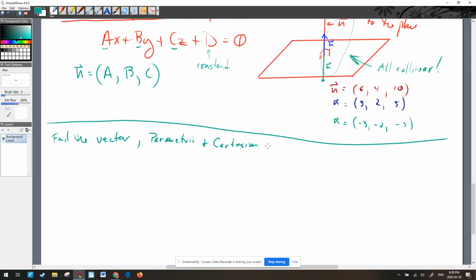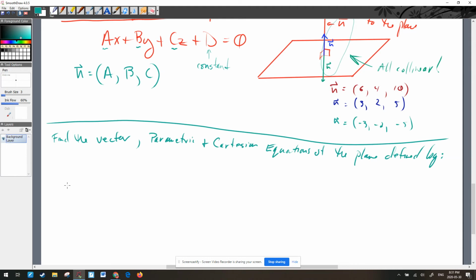So the vector, parametric, and Cartesian equations of the plane defined by, now remember, we had 4 different scenarios, right? We had 3 points, 2 intersecting lines, 2 parallel lines, or a line and a point. I could give you any one of those scenarios, and you have to think about how we could get to these equations. I'm going to go with the easiest one first.